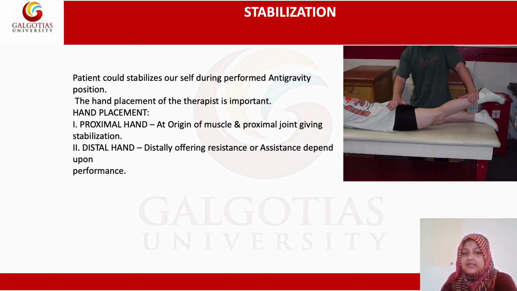The distal hand should offer resistance or assistance depending upon the performance. You can see in this picture how the therapist is stabilizing the hip joint and providing resistance at the calf area so that he can test the hamstring or the calf muscles.